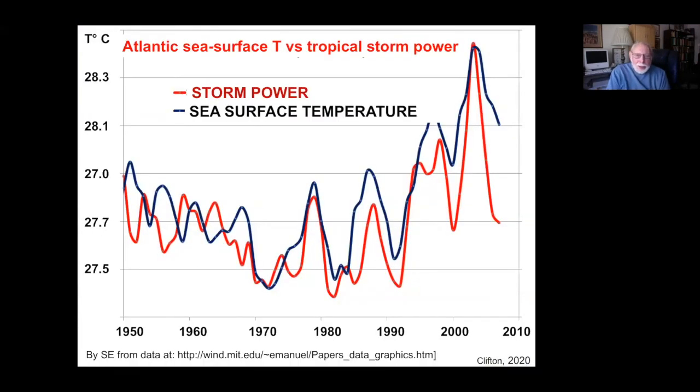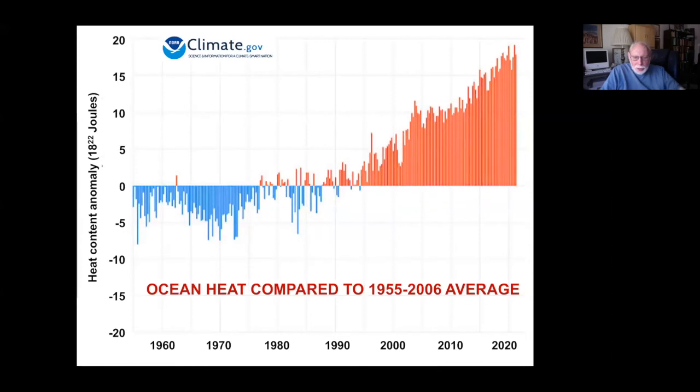And the size of the storm power is strongly connected to the sea surface temperature. And as a result, storms are going to get stronger because the ocean heat is unquestionably increasing.